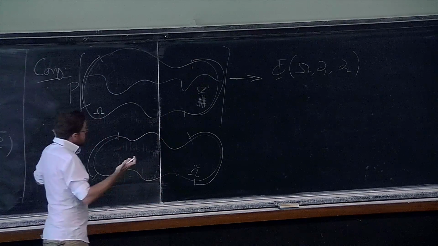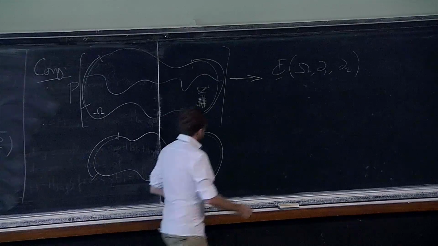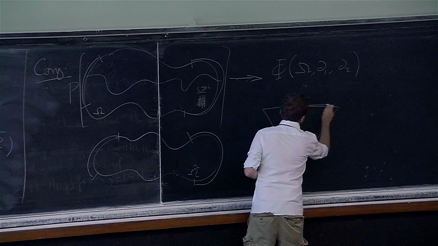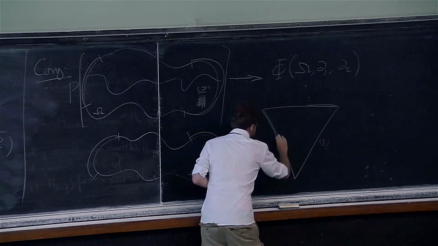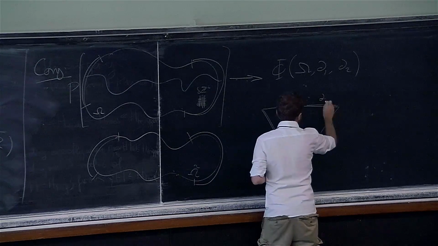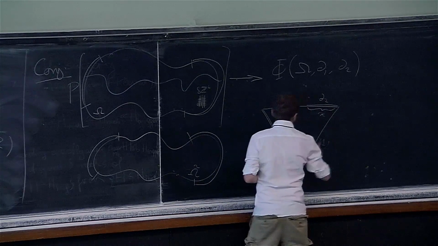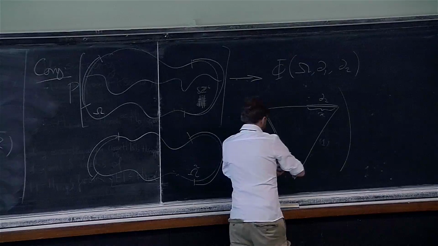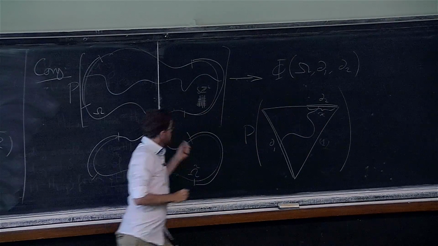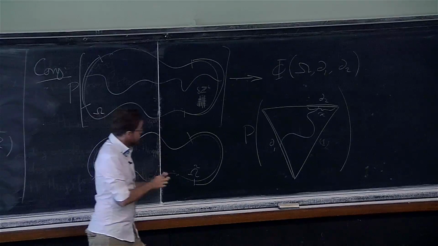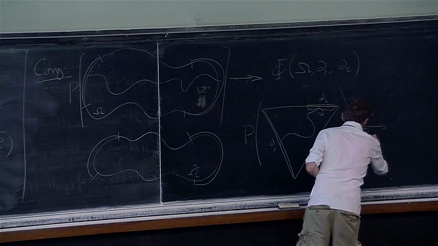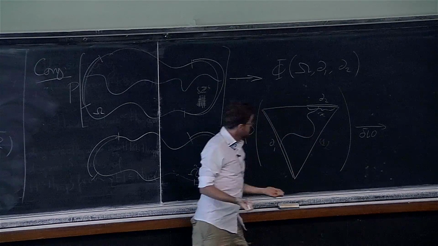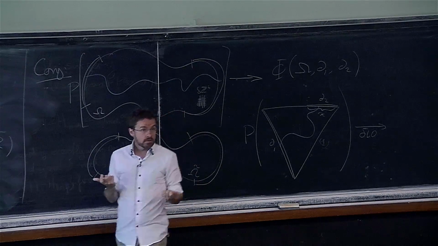And so, to give some explicit value for the limit, it's expected that if your domain is the equilateral triangle of size 1, and your boundary arcs are this one, and this length is x, then the probability in this triangle that you have a crossing, as the mesh goes to 0, converges to some function of the domain and the arcs, which then is a function of x.